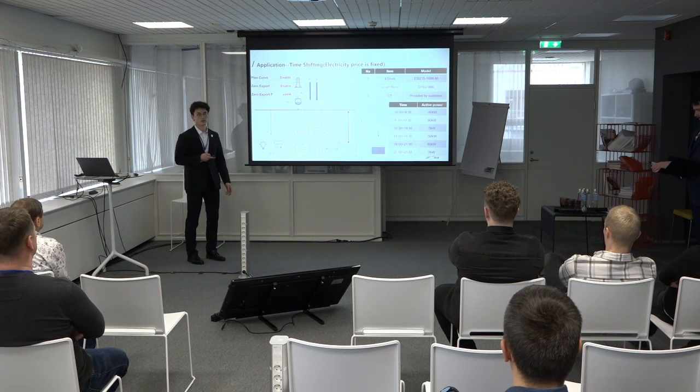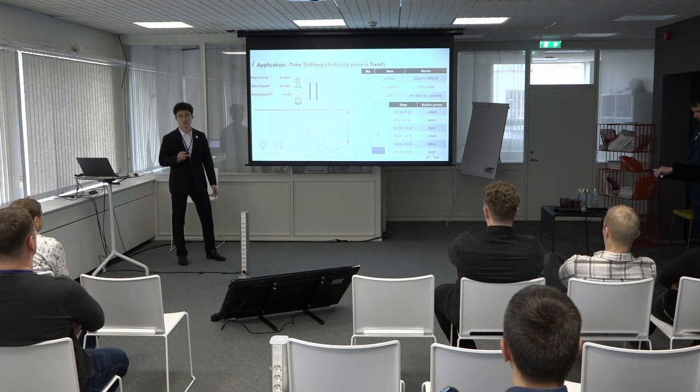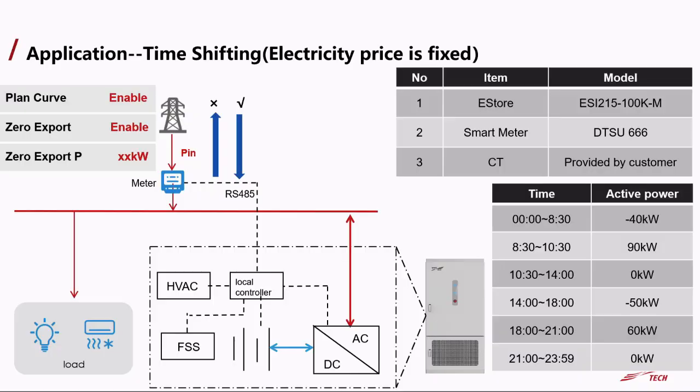And based on the functions we have, we can achieve different applications. As you can see, the first is time shifting. We know time shifting is when you make benefits from the difference of electricity price. We have a Planck curve function.